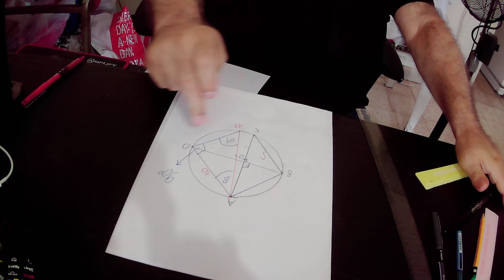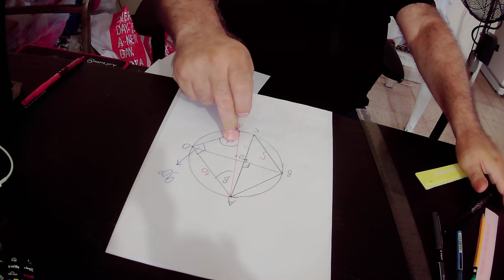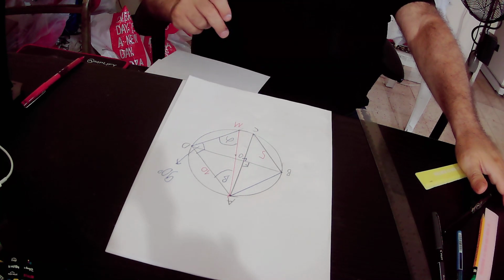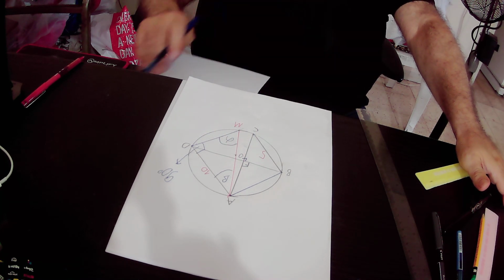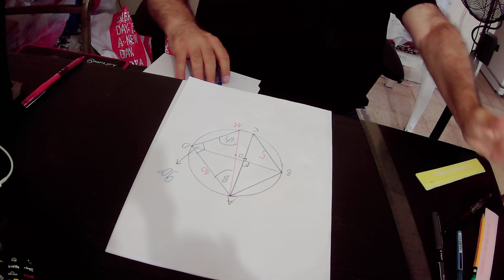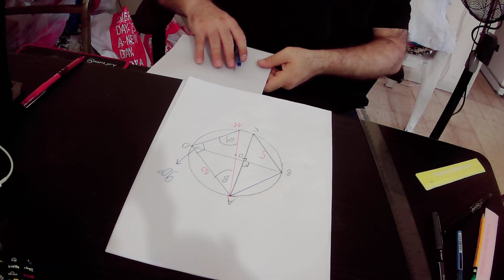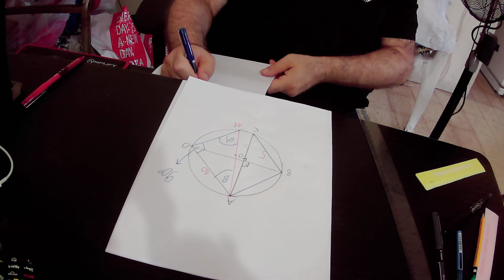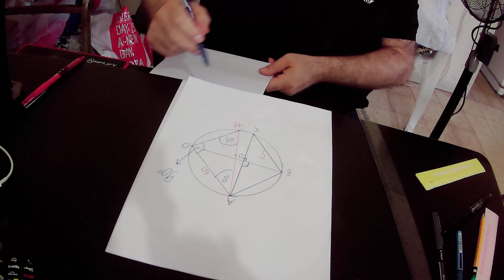Angle AMD that equals alpha rests on chord AD. I will write it down. Angle AMD equals angle alpha. Angle AMD equals alpha.